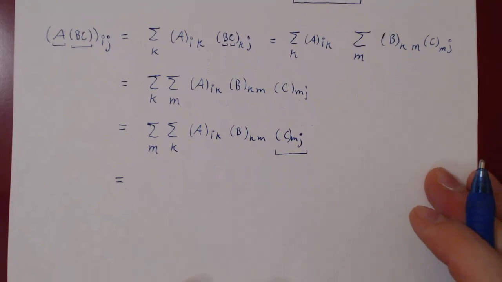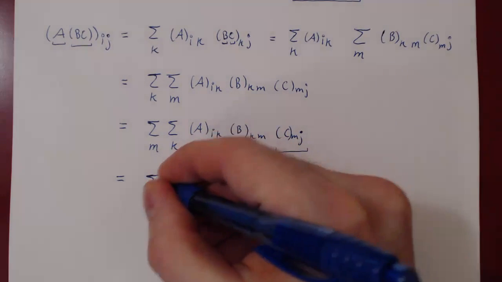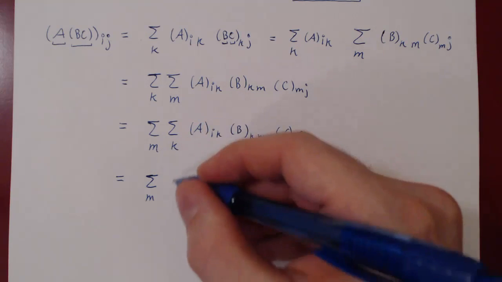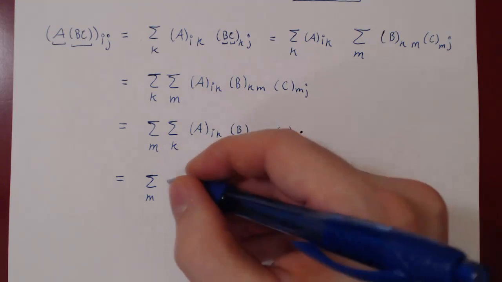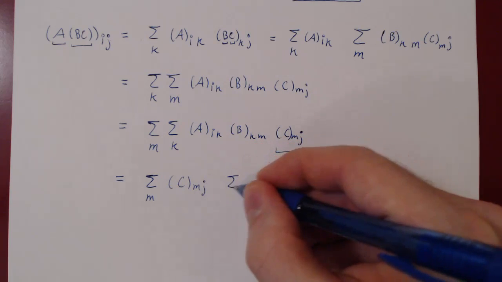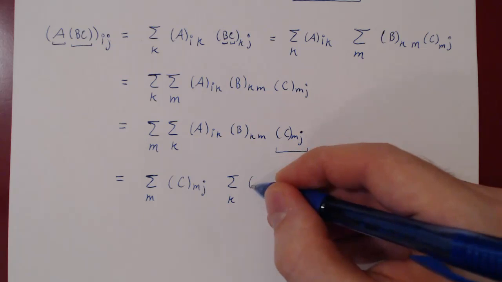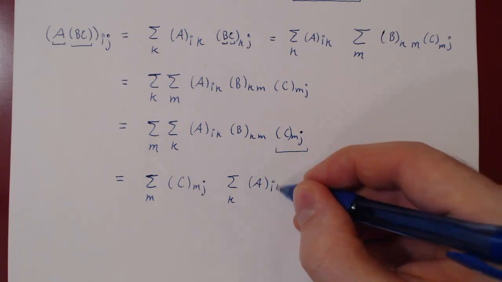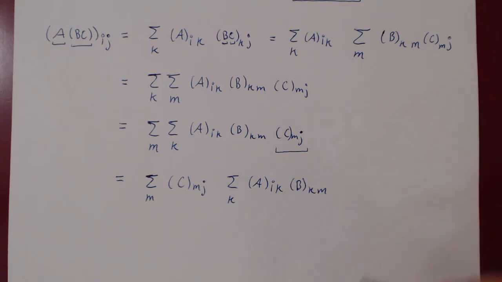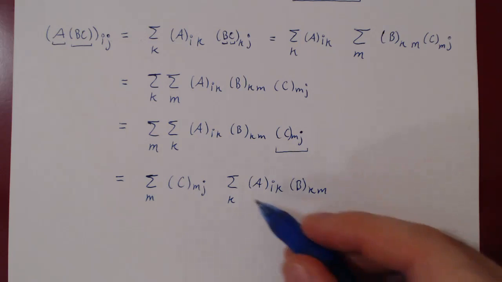So what will this look like? Well, we'll have the sum with respect to m, and we're moving c_mj outside of the summation with respect to k, so c_mj. And we will be left with the sum with respect to k of a_ik b_km.